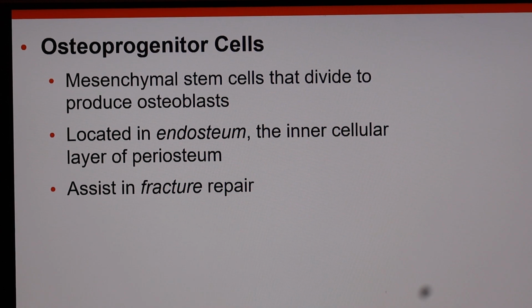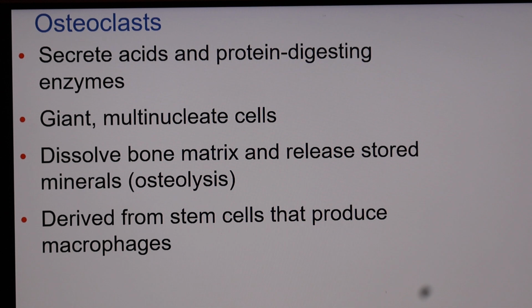Osteoprogenitor cells are the stem cells that divide to produce the osteoblasts. Osteoclasts are the fourth type of bone cells, and what is special about them is that they have multiple nuclei. There is more than one nucleus in the osteoclast, hence it is a multinucleate cell. What does it do?